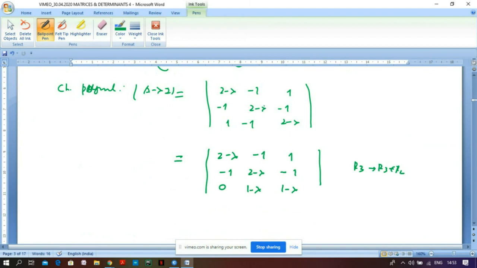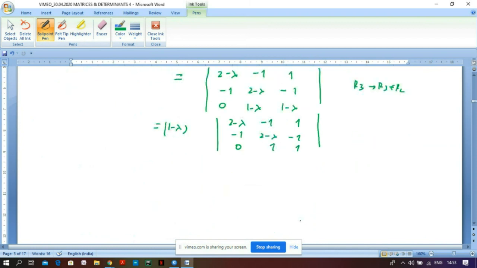They are the same, just in a different order, so 1 minus lambda is not surprising. Take 1 minus lambda out from the third row. You are left with 2 minus lambda, -1, 1, -1, 2 minus lambda, -1, and 0, 1, 1.